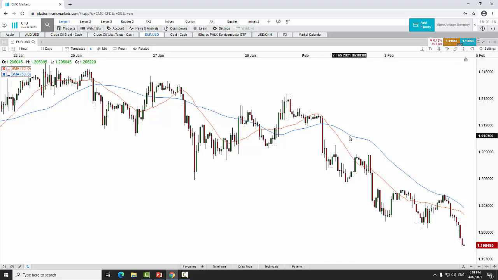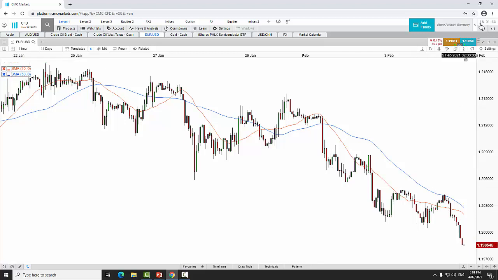The 20 is below the 50, and the price action remains below the 50 MA. So the hourly chart, which depicts the short-term trend on the euro dollar, is telling us that euro dollar is trading in a downtrend.